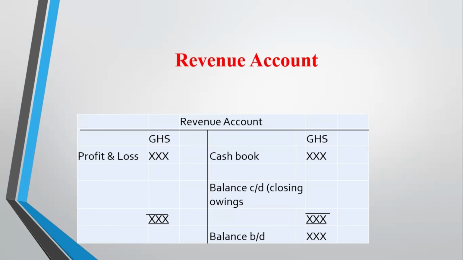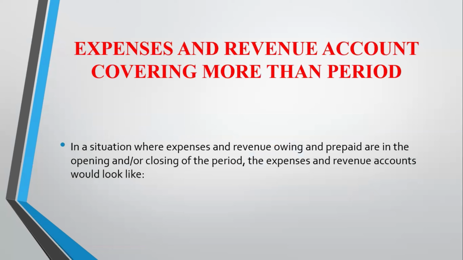We are going to take questions and you are going to appreciate it more. So follow. Sometimes in certain situations, we can have expenses and revenue owing and prepaid, having opening and closing for the period.